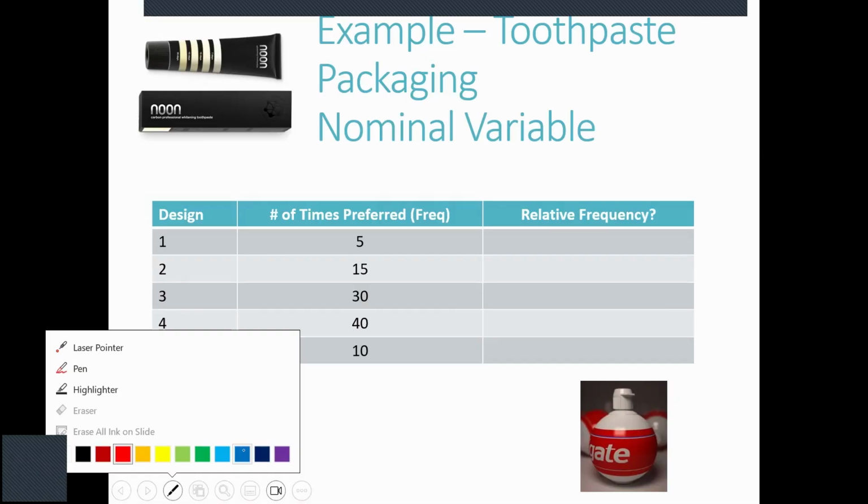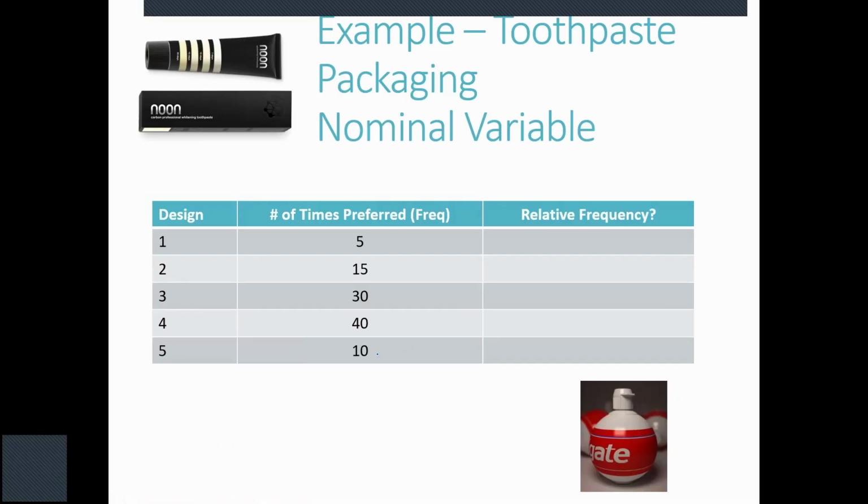And so we can calculate the relative frequency of this pretty easily. This adds up to 100. And so the relative frequency is 0.05, which is 5 divided by 100.